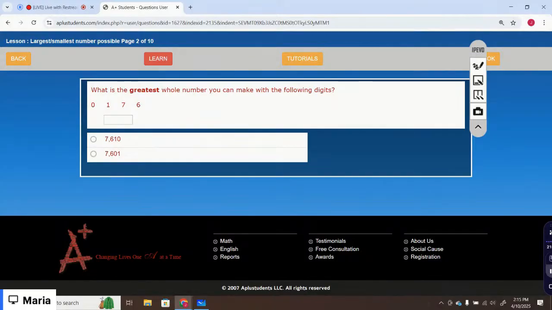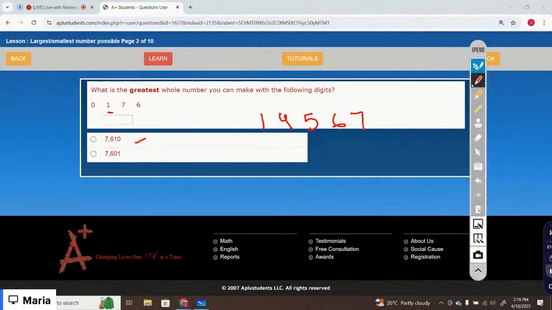What is the greatest whole number you can make with the following digits? Now we need to write down the greatest possible number, right? We have a four-digit number. That is ones, tens, hundreds, thousands. So you need to write down the greatest number at the greatest place value. So that is 7, 6, 1, and 0.